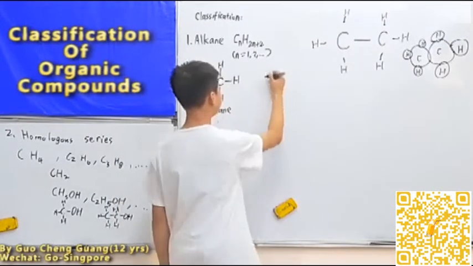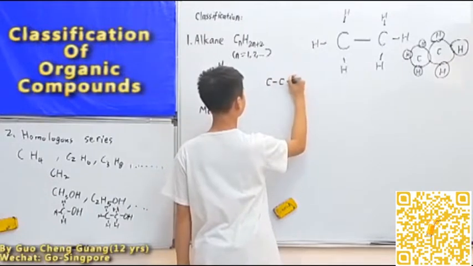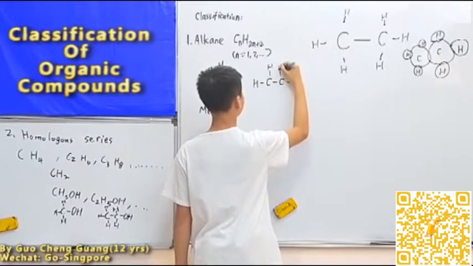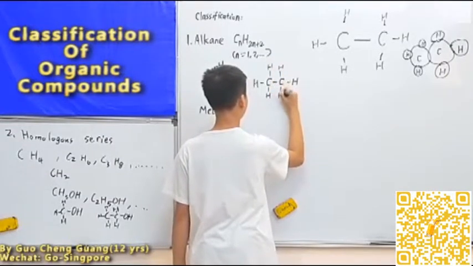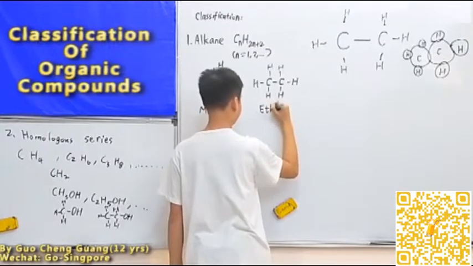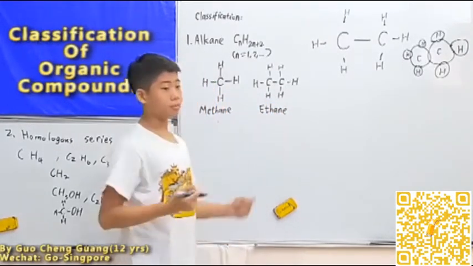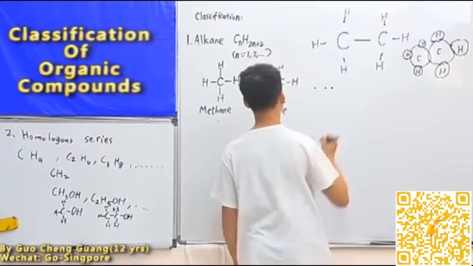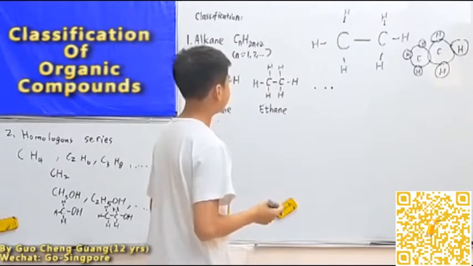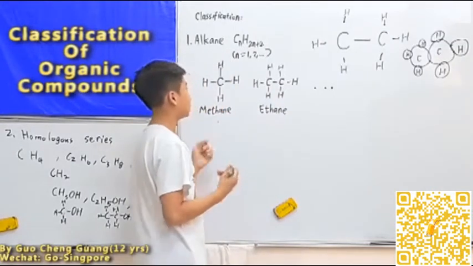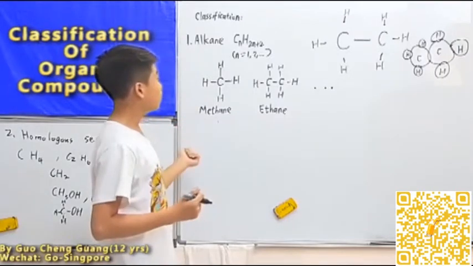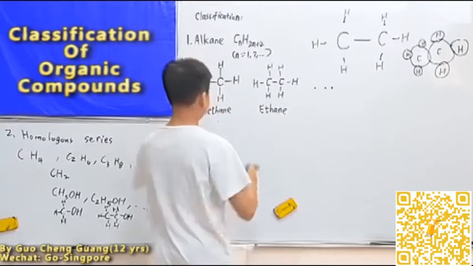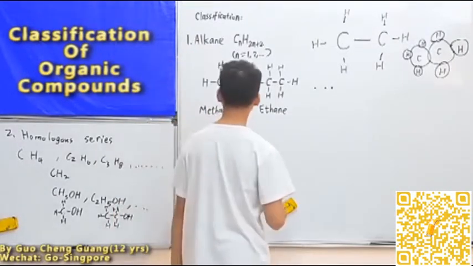Then after that, 2, we have ethane. Then 3 propane, then butane, pentane, hexane, heptane, octane, nonane, then decane. Okay, so these alkanes, you actually find them really often.